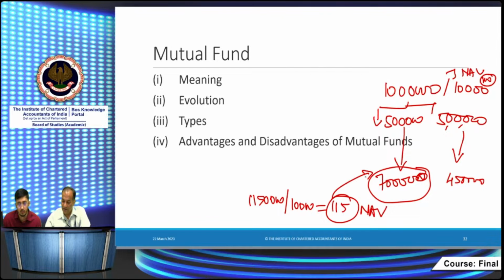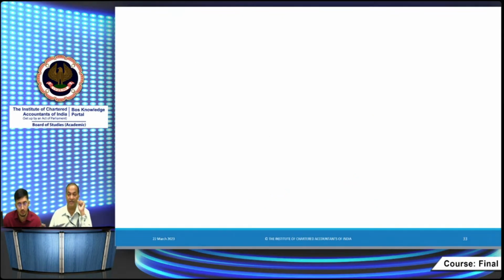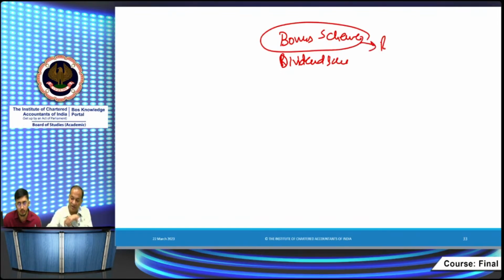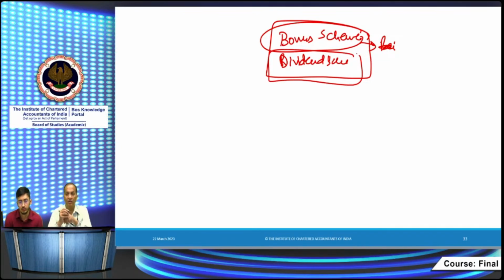Of course, there are some questions where they declare schemes, because there are two types: one is the bonus scheme, another is the dividend scheme. In a bonus scheme, they issue new units, but in the dividend scheme they normally pay out dividend.